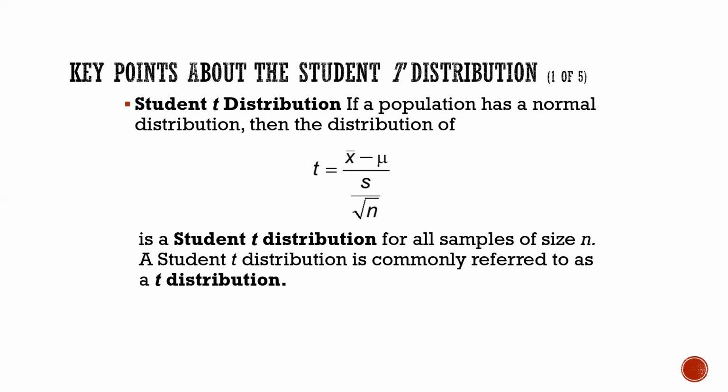This calculates something like a z-score, but when you calculate a z-score, you always have a normal distribution with a mean of 0 and a standard deviation of 1. Does that sound familiar? Now, with the t-distribution, you don't always get the same distribution, and that's why we were able to use the z distribution on this page right here.